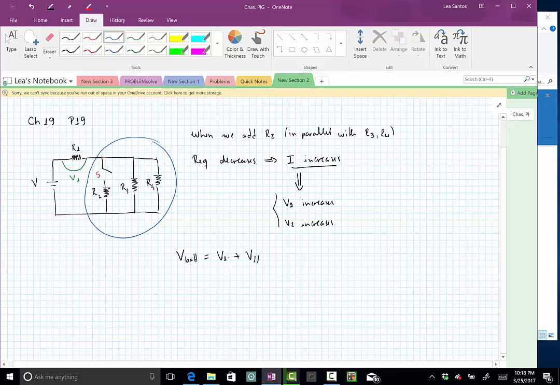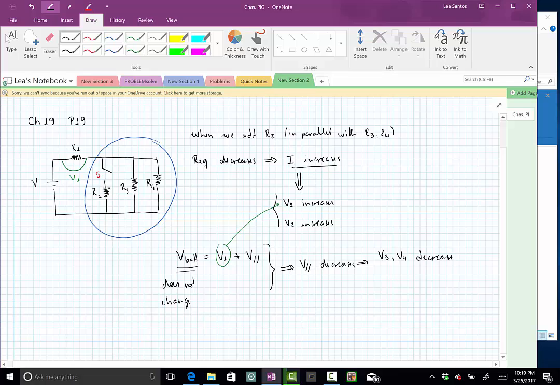Okay, we just saw that this V1 increased. The battery does not change. This one does not change. Now this is the fixed value given by the battery. From all this, we can conclude that the potential difference for that parallel part of the circuit has to decrease, which means V3 and V4 have to decrease.